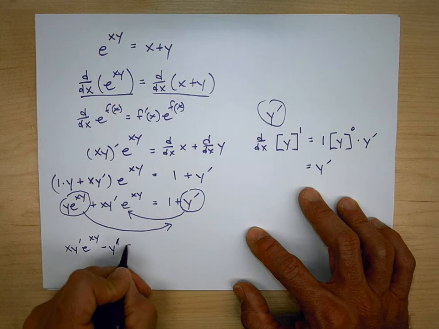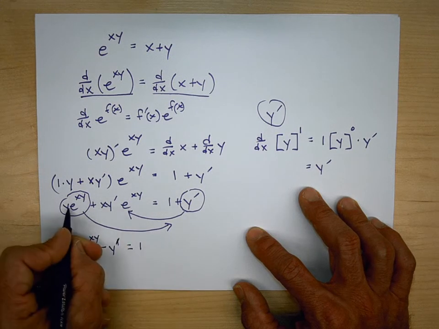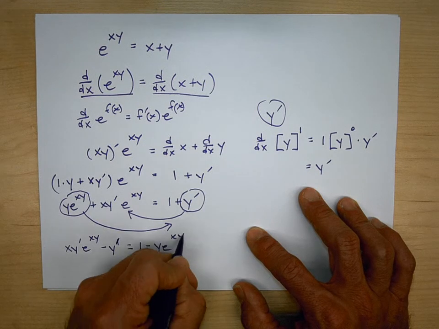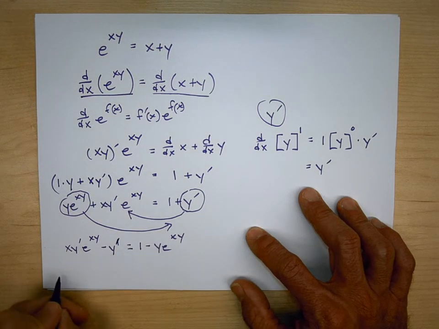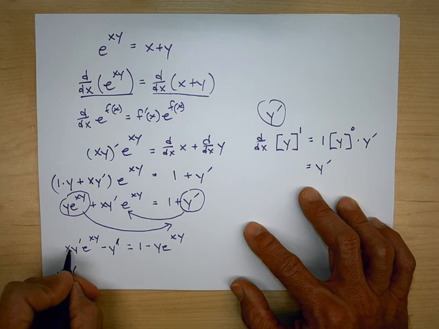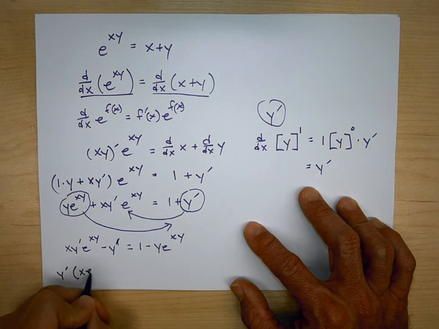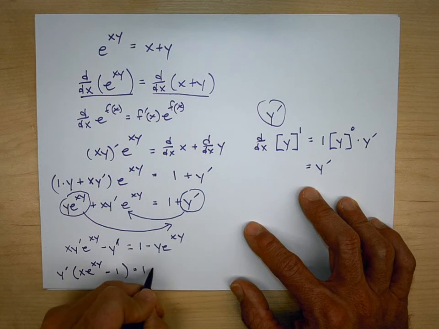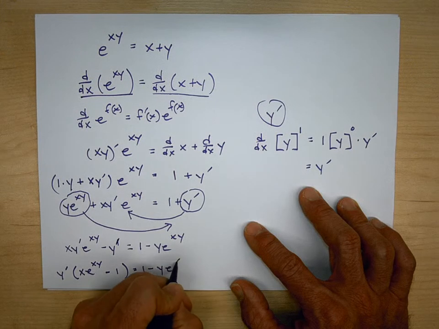And then that's going to equal 1, and I'm subtracting this from both sides, so 1 minus y e to the xy. Now here I need to factor out the y prime. So if I take a y prime out, I'm left with x e to the xy minus 1, equals 1 minus y e to the xy.